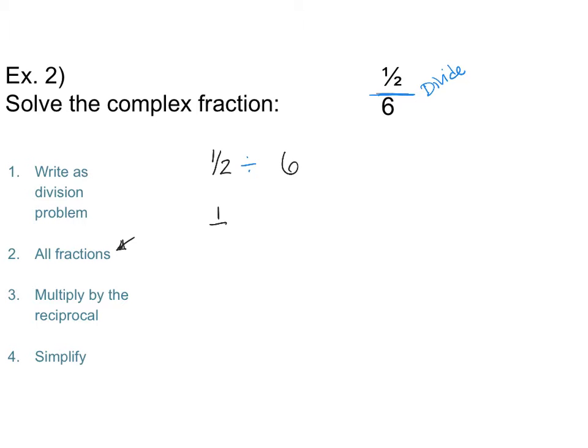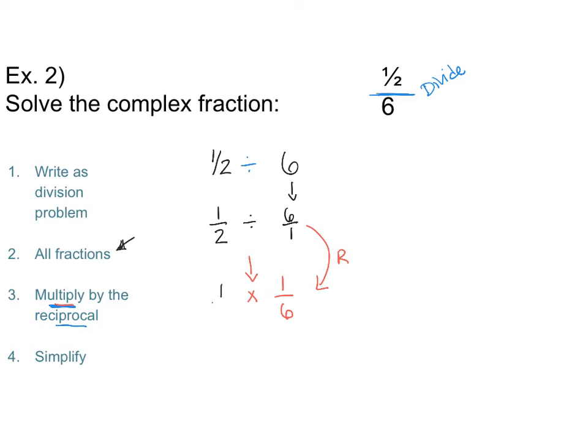So we do 1/2 divided by, and then the 6 becomes 6 over 1. Next up, I need to multiply by the reciprocal. So we're going to change this to multiplication, and the reciprocal is, I put the R there to show that I'm taking the reciprocal, 1 over 6.